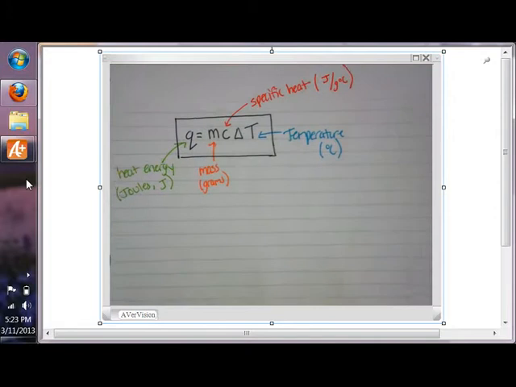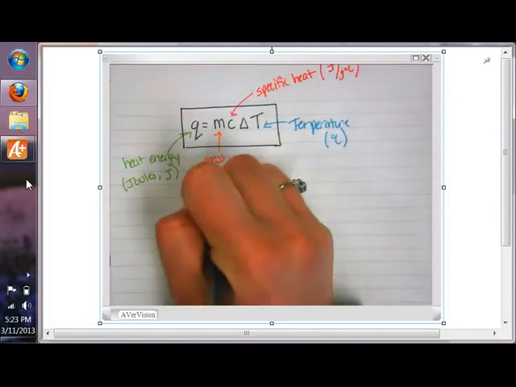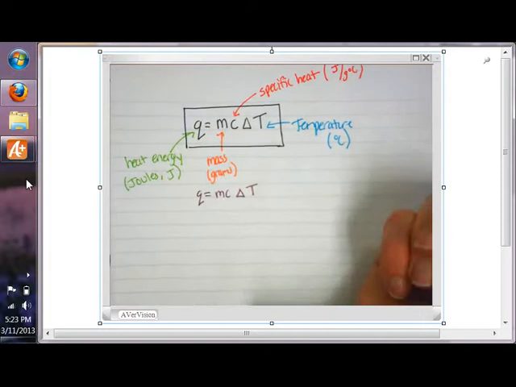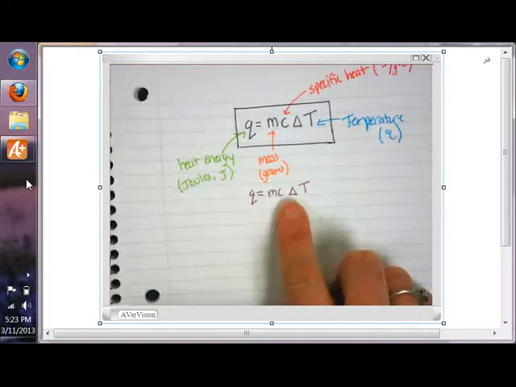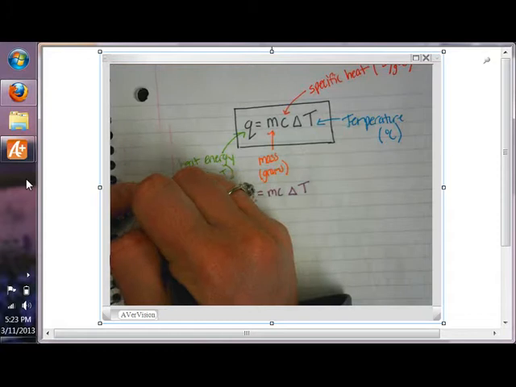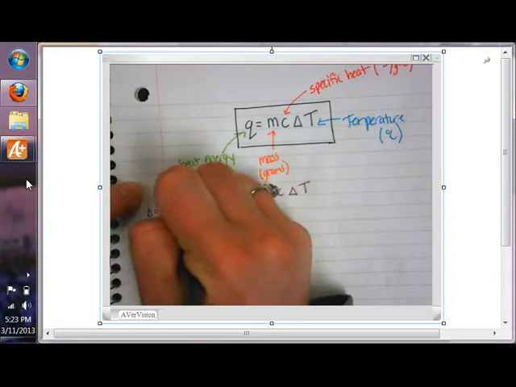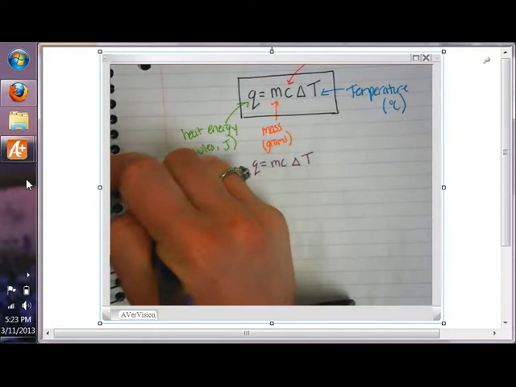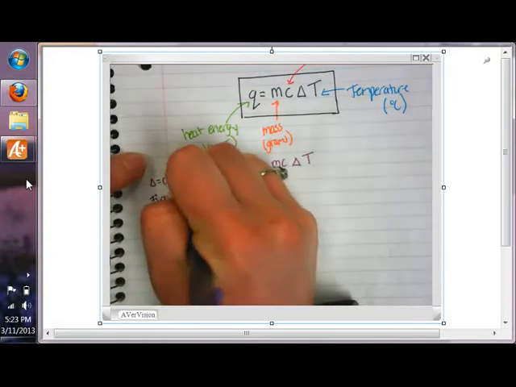Now, I like to actually rewrite this equation. This equation is Q equals MC delta T. And we know that delta means change. And if we're calculating the change in something, we're calculating final minus initial.